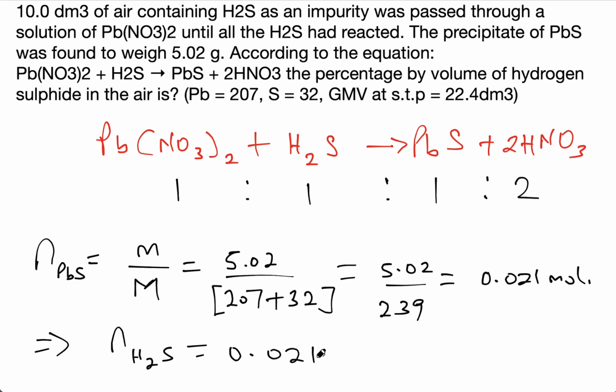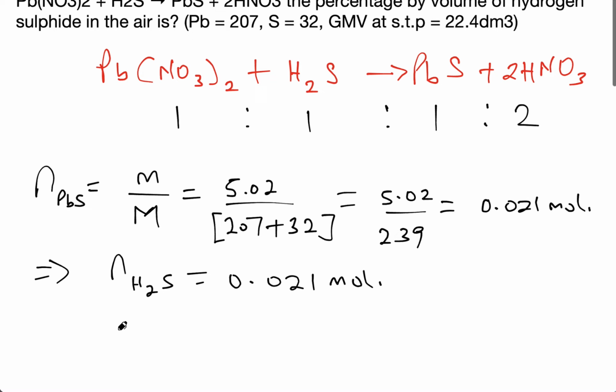Now, the next thing we need to do here is that from the information we're given the volume at s.t.p, and we know that the relationship is such that the number of moles of any given gas at s.t.p is their volume in dm cube divided by 22.4 dm cube.